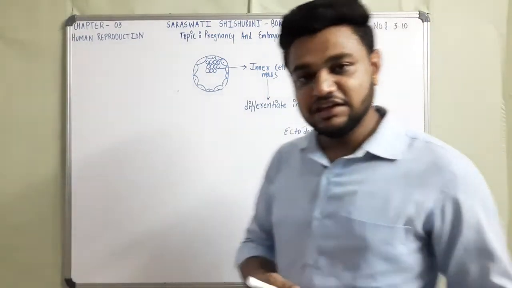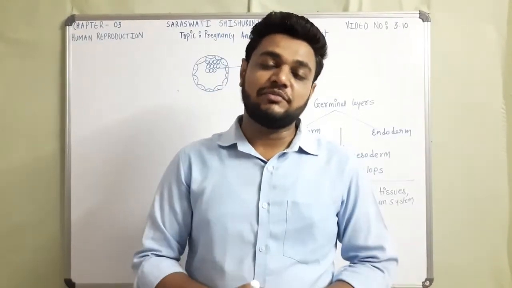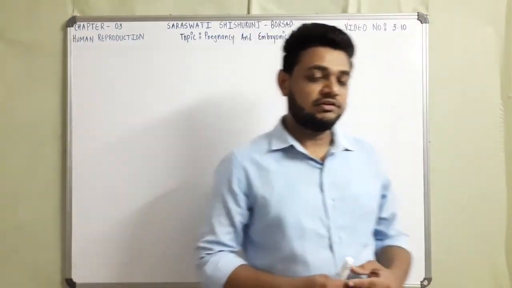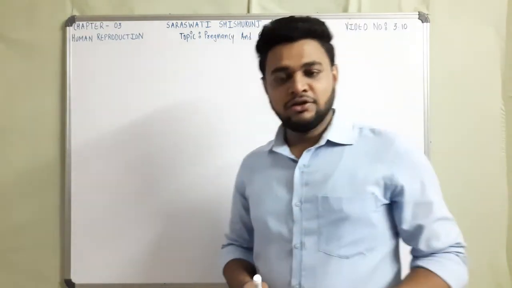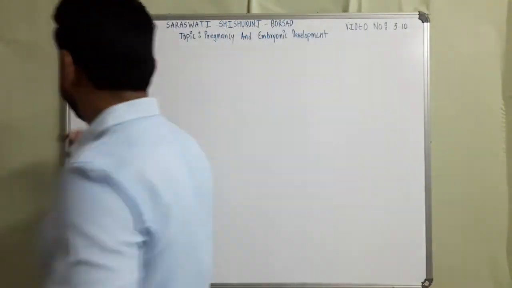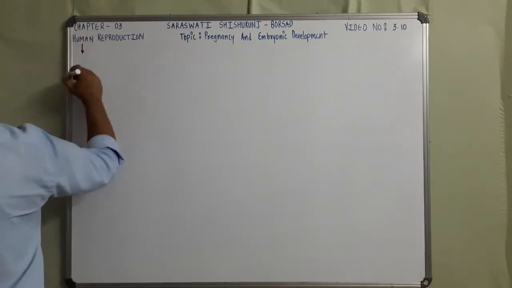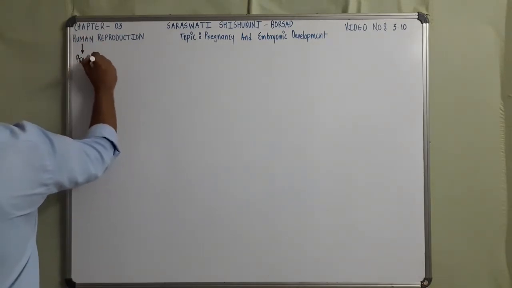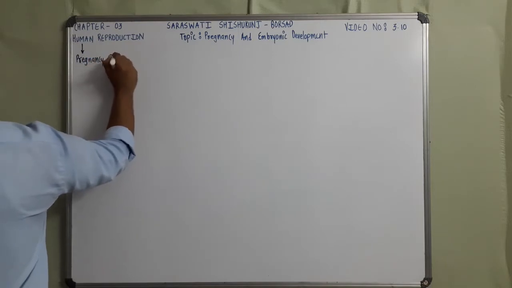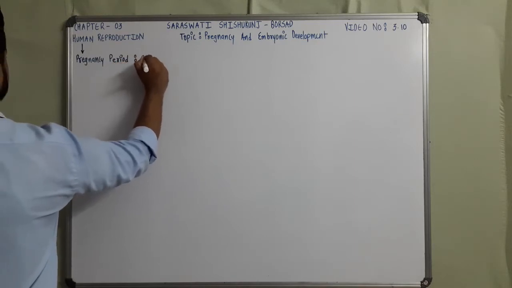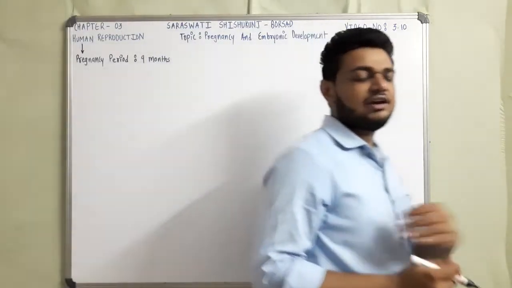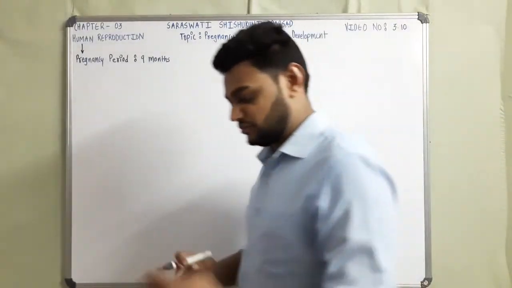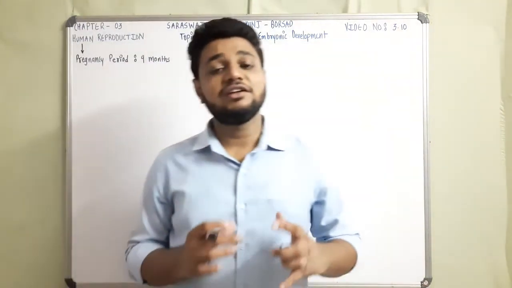So students, now we will see how actual development occurs. We will see how the changes during pregnancy occur in the embryo. The pregnancy period in humans is 9 months. During these 9 months several changes occur. In each and every month there are small changes, but we are seeing the major changes.